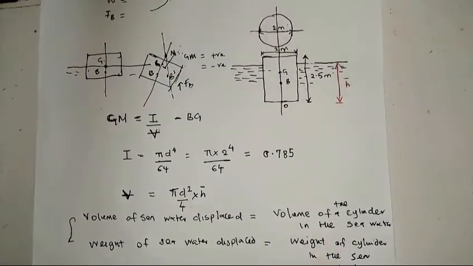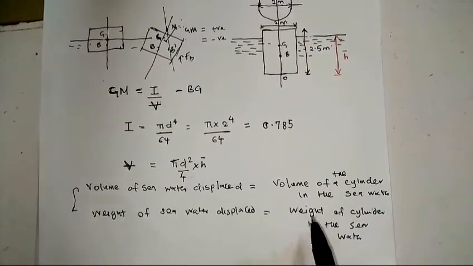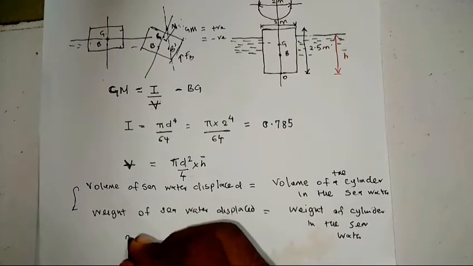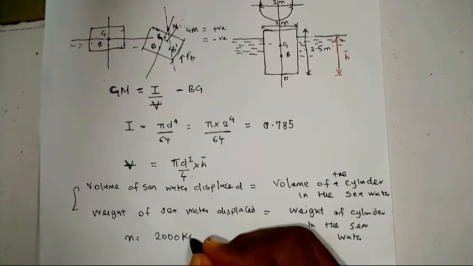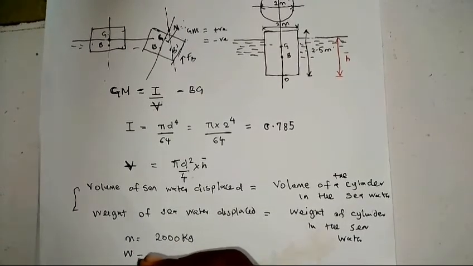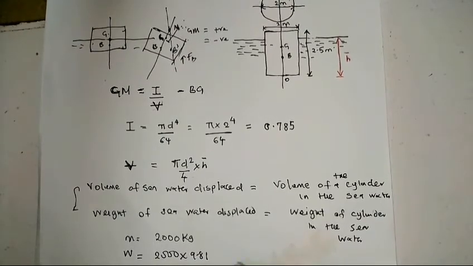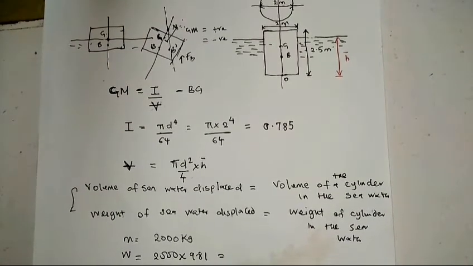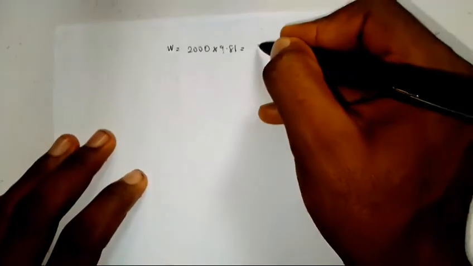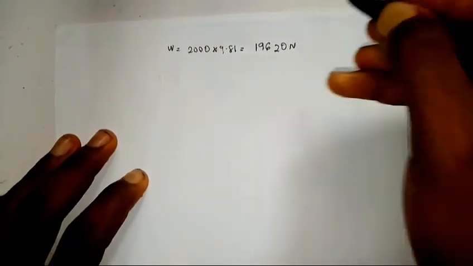To calculate my h bar, I can make use of my second assumption. Since we're given the mass of the cylinder to be 2000 kilogram, I can calculate the weight of my cylinder: 2000 times 9.81, which gives me 19620 Newton.